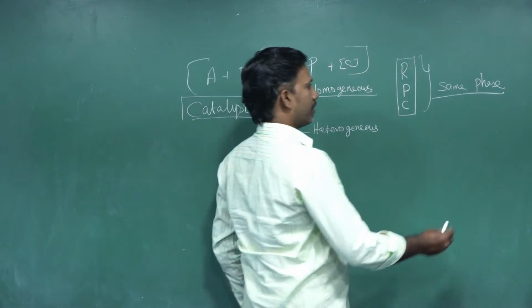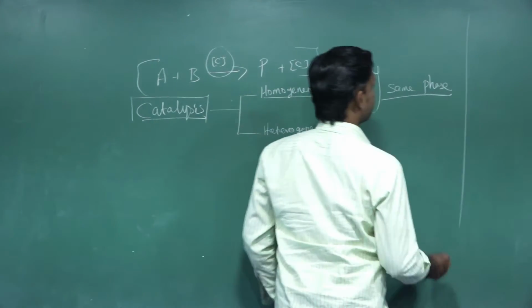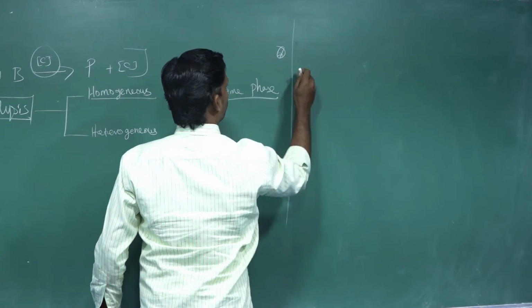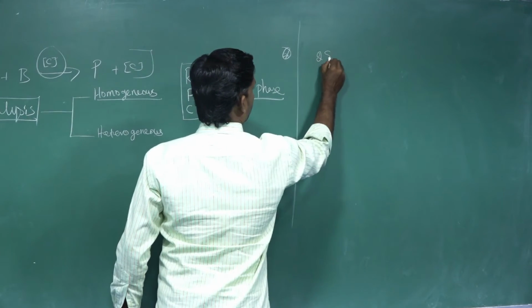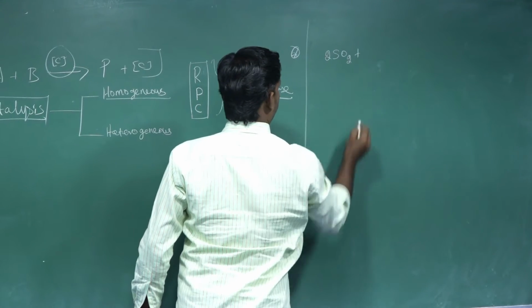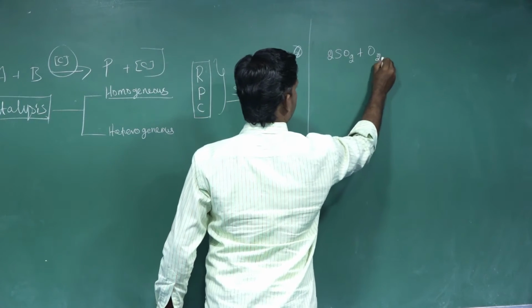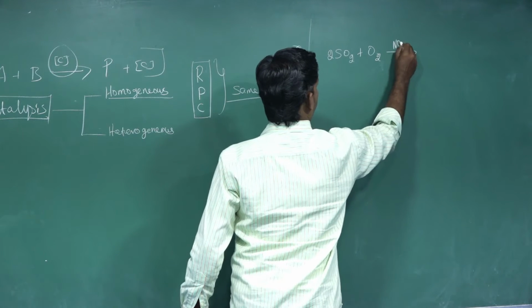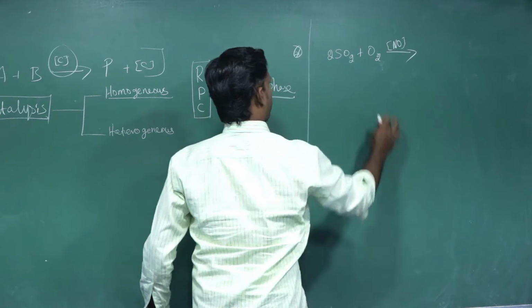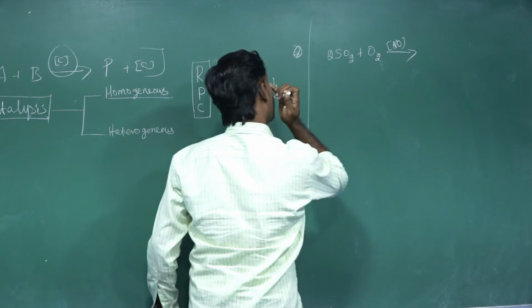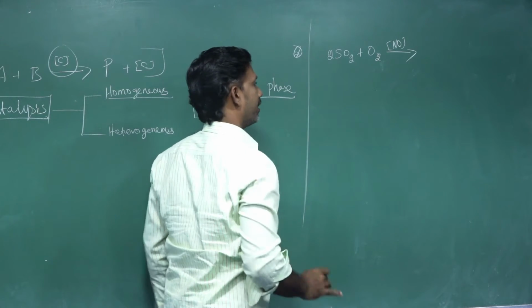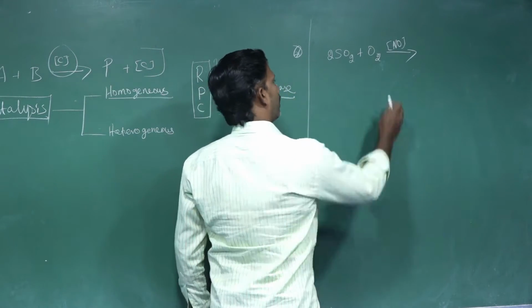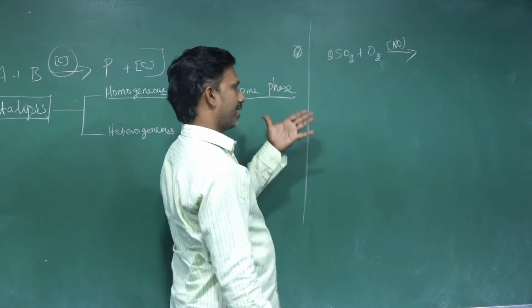Let us see a few examples of homogeneous catalysis. Sulfur dioxide reacts with oxygen in the presence of NO. A catalyst is always mentioned like this, NO, within brackets in order to differentiate it from the reactants. Most catalysts are written on the arrow of the equation, or otherwise within brackets we can mention that it is a catalyst.